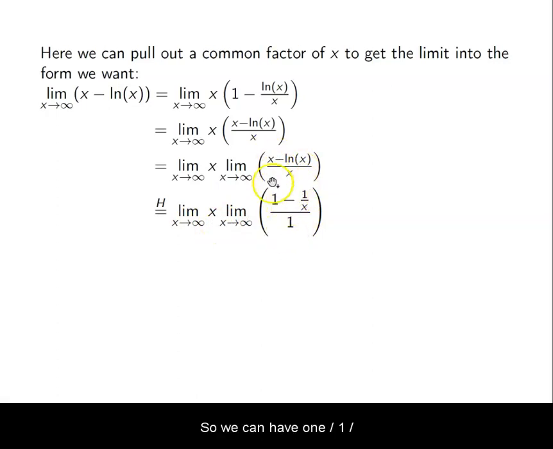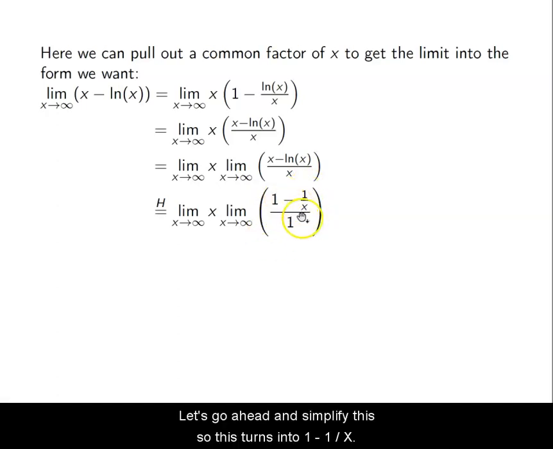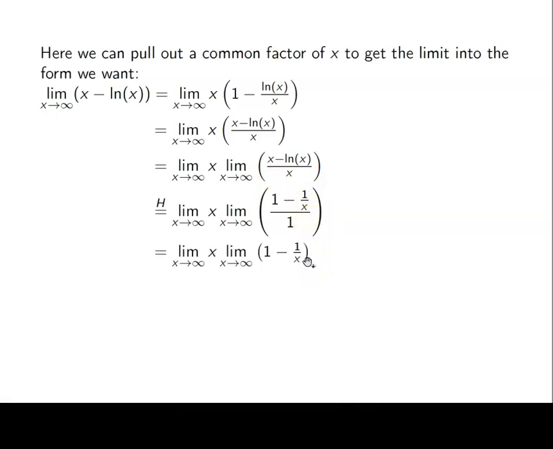So we're going to have 1 minus 1 over x over 1. Let's go ahead and simplify this. So this turns into 1 minus 1 over x. So as I go to infinity, this one will go to 0, and this will go to 1, and this will go to infinity, which means the entire thing goes to infinity.